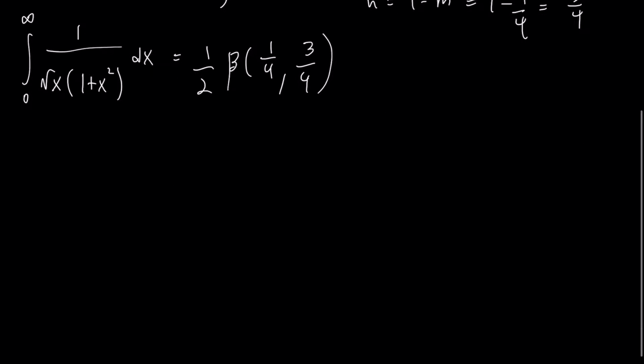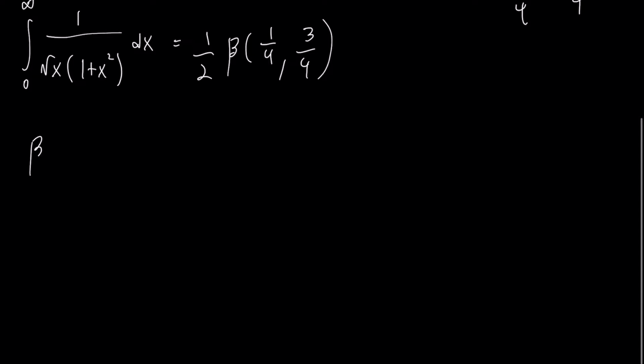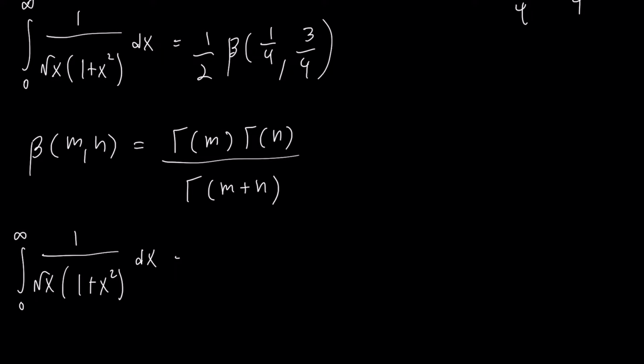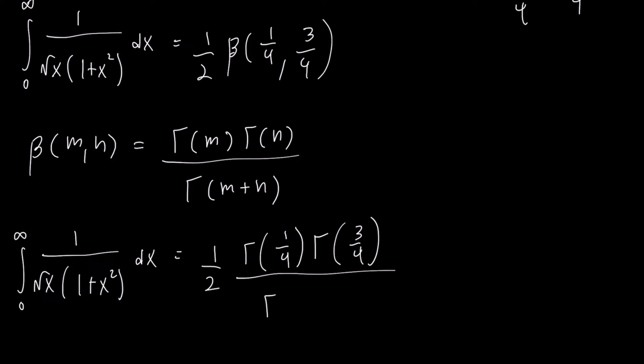I recall another identity that beta of m comma n is the same thing as gamma of m times gamma of n divided by gamma of m plus n. So the integral is 1/2 of gamma of 1/4 times gamma of 3/4 divided by gamma of 1/4 plus 3/4.